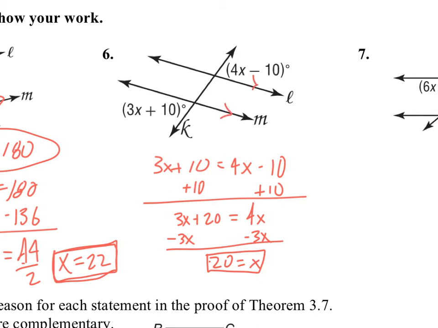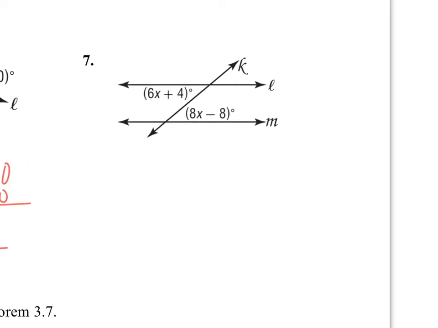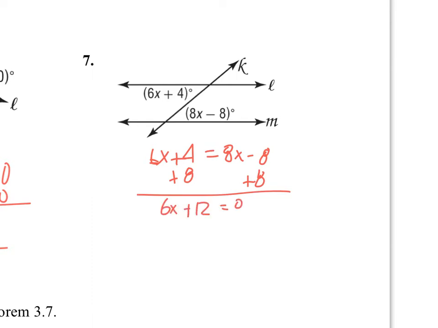All right, let's take a look at number 7. If lines L and M are parallel cut by transversal K, then these two angles are alternate interior angles, and those angles are congruent. So let's find x that would make that true. I would set 6x plus 4 is equal to 8x minus 8. I would add 8 to both sides, and we would get 6x plus 12 is equal to 8x.